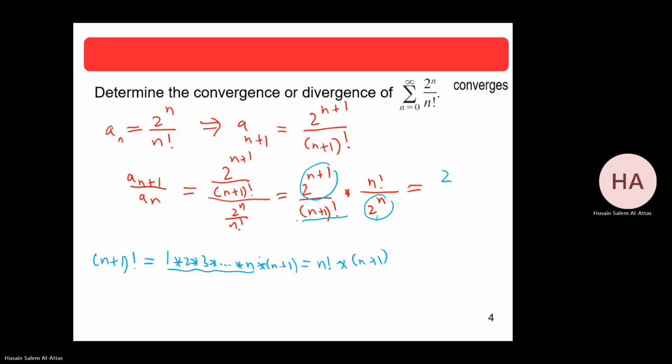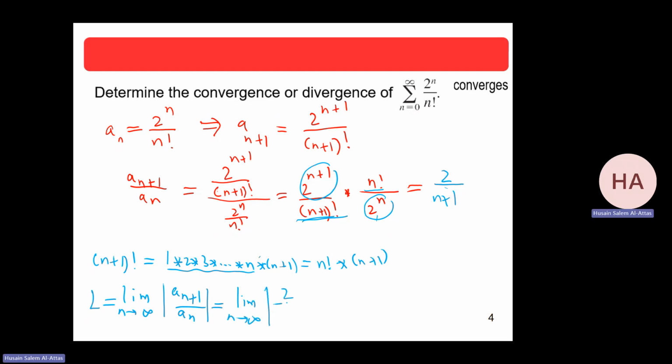So this with this gives me 2 over n plus 1. So what is my L? L will be the limit as n goes to infinity of a_{n+1} over a_n, and that will be the limit as n goes to infinity of 2 over n plus 1. What is this limit at infinity? It is 0, less than 1.